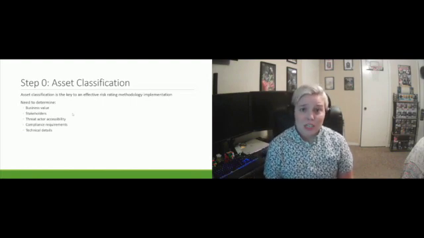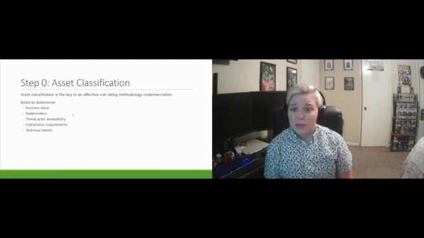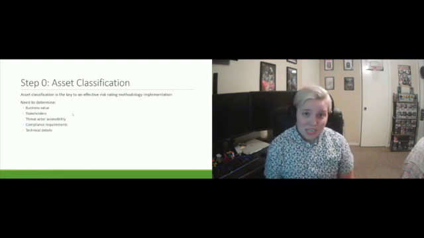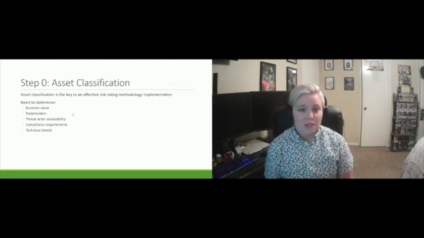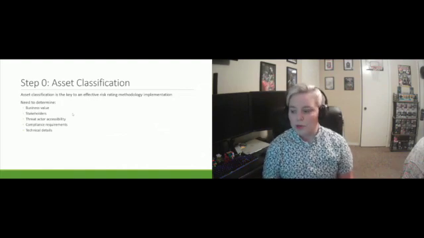You want to get as much information around these assets as possible. Everything from what operating system it's running to the IP address or addresses that it's running. What controls are in place? Do you have logging? Are those logs being reviewed? Is there an IDS? Or an IPS? Whatever kind of technical details you can get about the assets, you want to try to collect that and consolidate that to utilize moving forward.